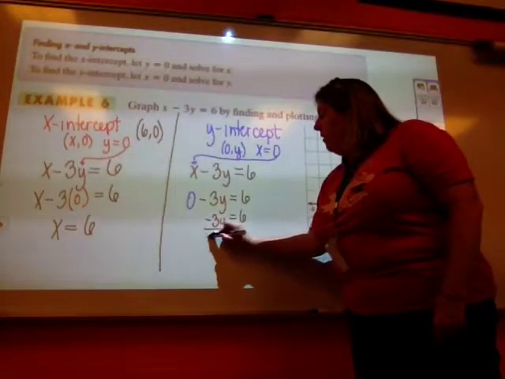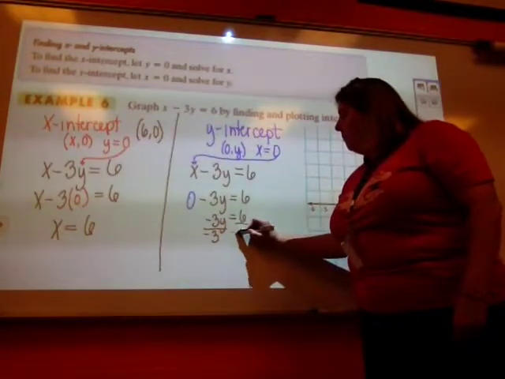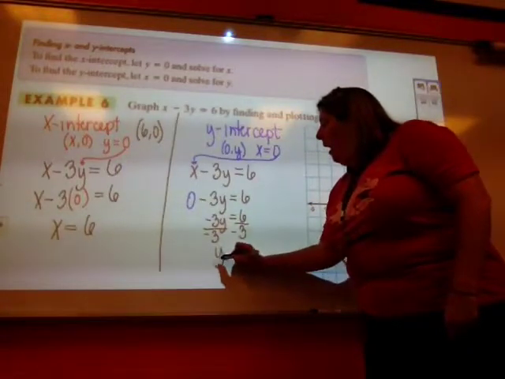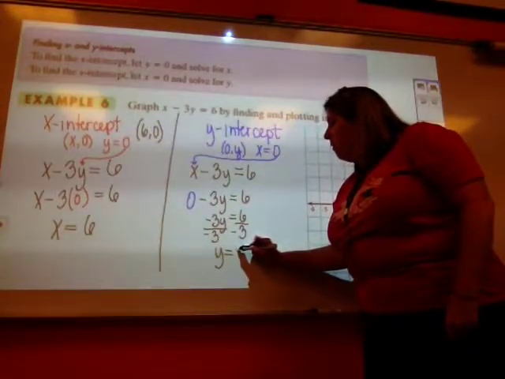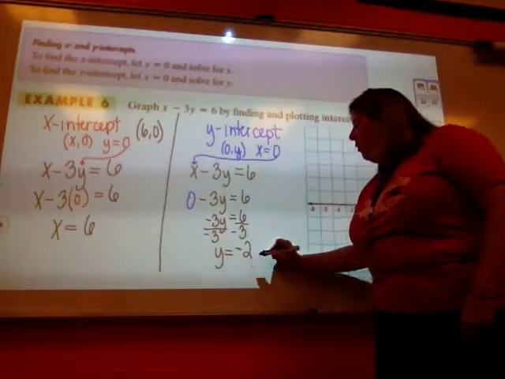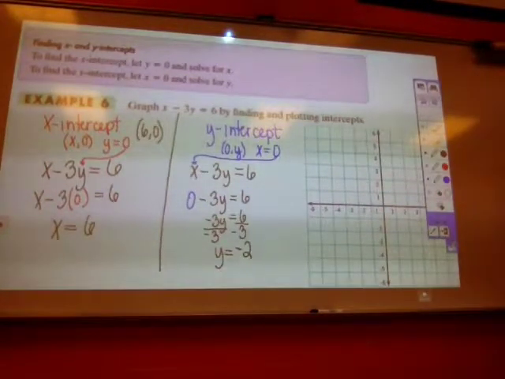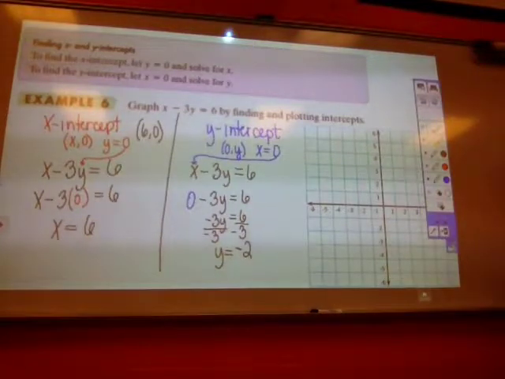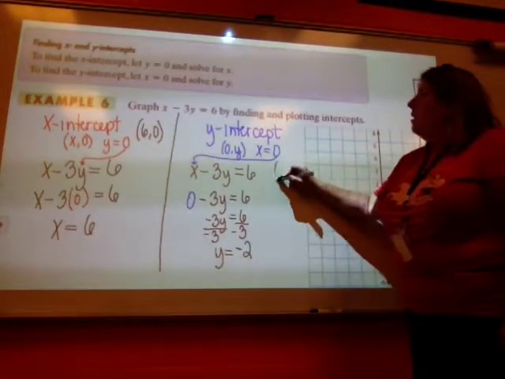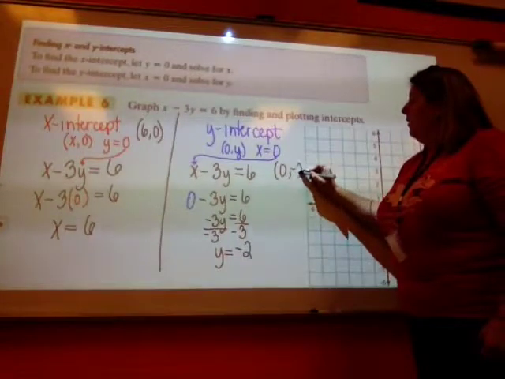Then I'm left having to divide by negative 3, so that y equals negative 2. Everybody with me? So what is my y-intercept? 0, negative 2.